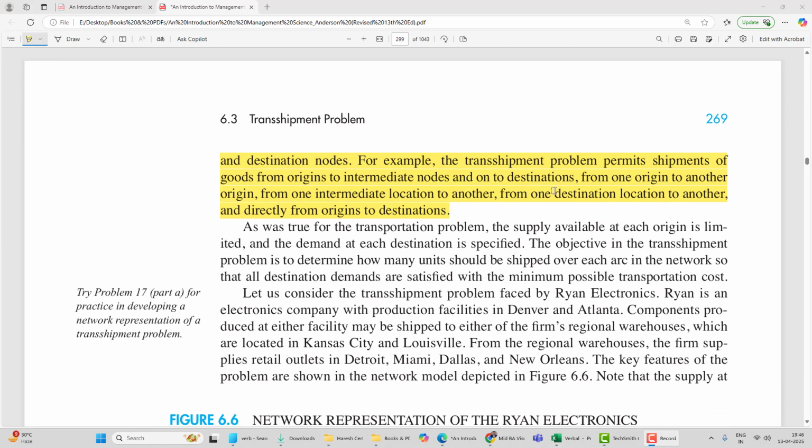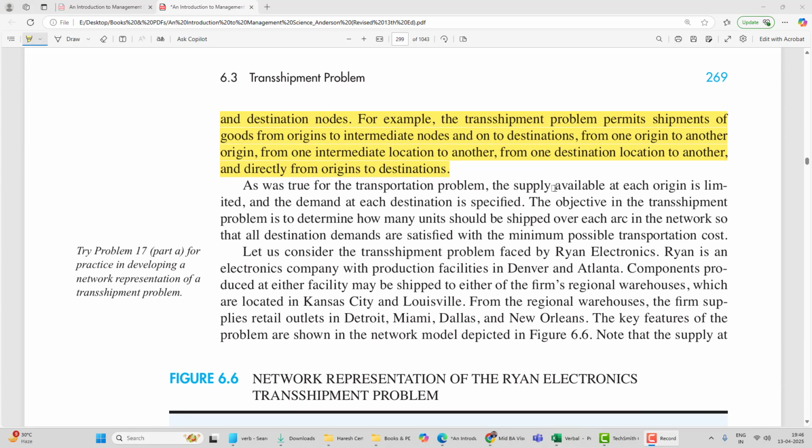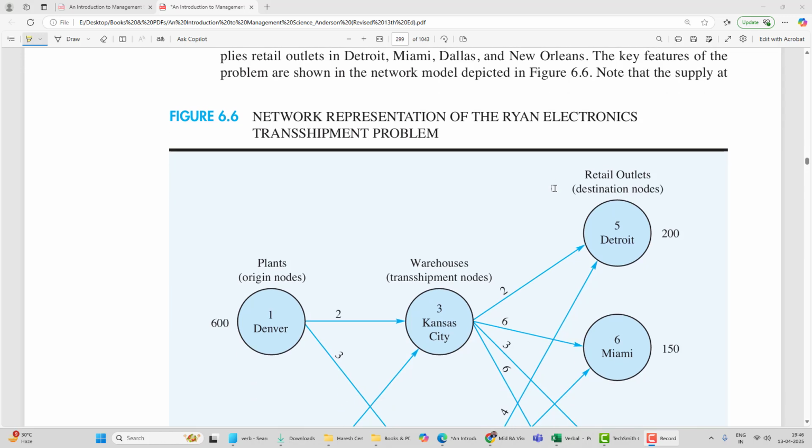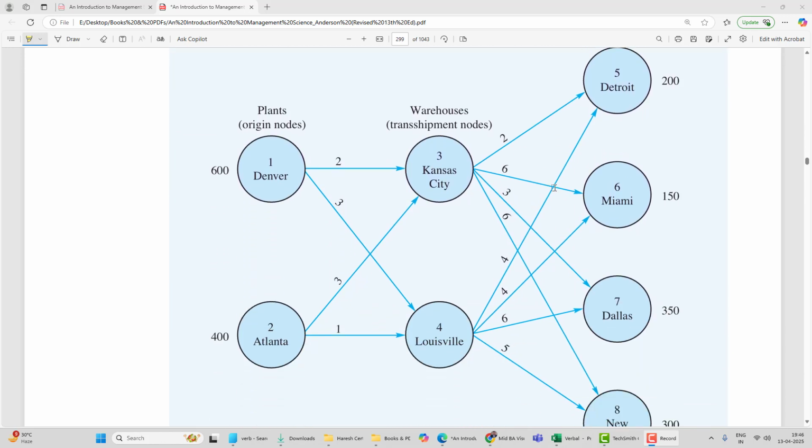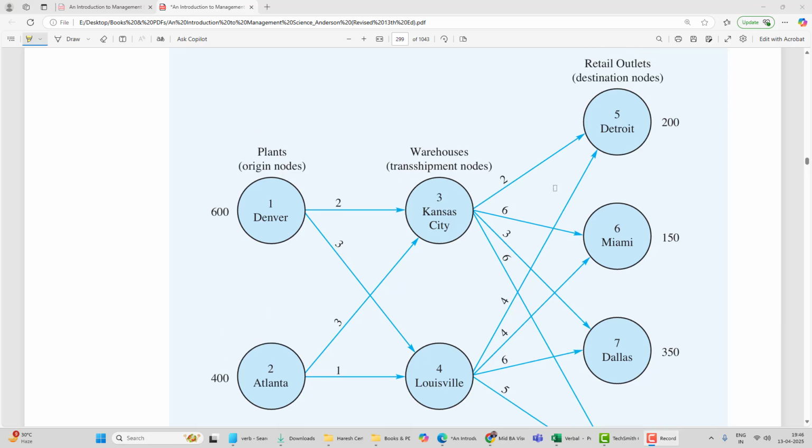So basically the original question will get transformed into such an arrangement. You can see here, the original problem had the origin and destination directly, but now we have these two intermediate locations, warehouses, which are also called transshipment nodes, like Kansas City and Louisville.